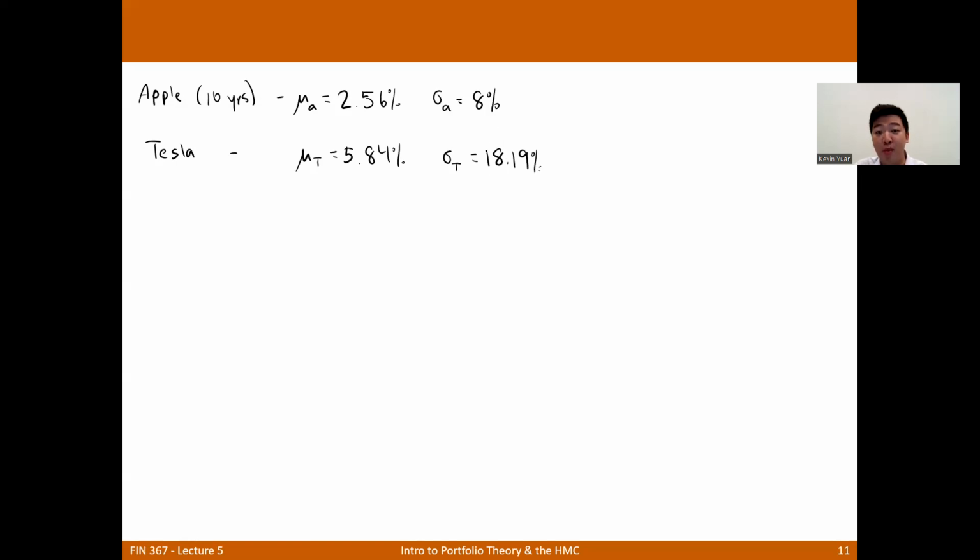It's more than double the standard deviation of Apple, and it has a higher expected return, or a higher average return. Okay, and let's say that the correlation over this period was 0.34. So I told you the average return, the standard deviation of both assets, and also the correlation between the two. And now I'm more or less done when I want to construct a portfolio allocation, right?